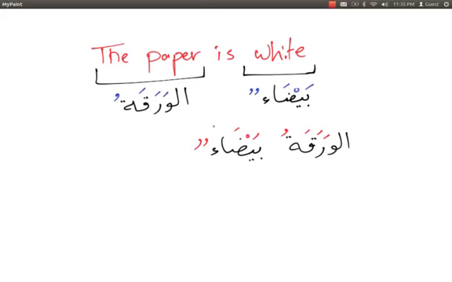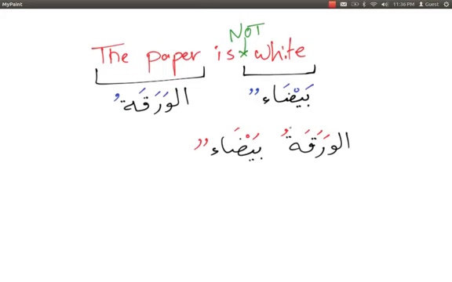Perfect. Now we said if we want to put this in the past tense, we would usually put kana in front, and that would make the meaning the paper was white. Today we'll learn how to make this sentence from the paper is white to the paper is not white.